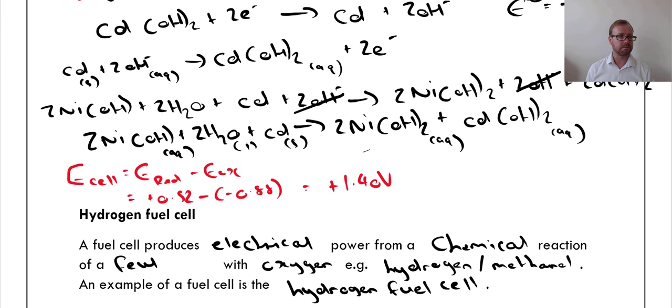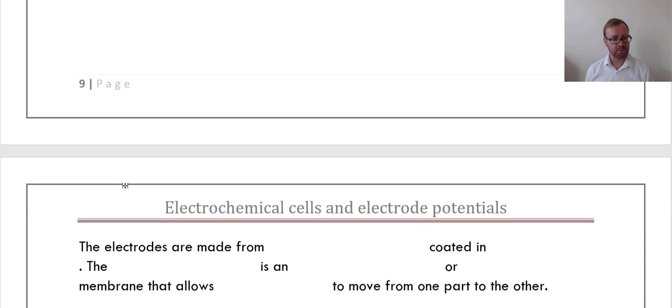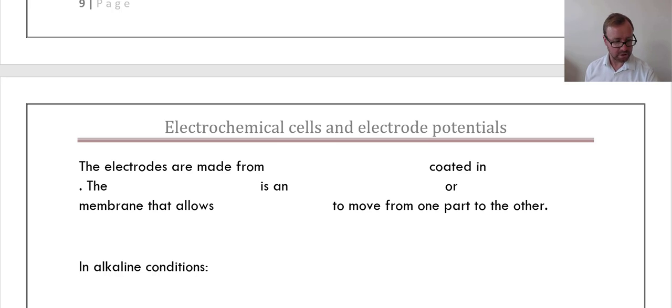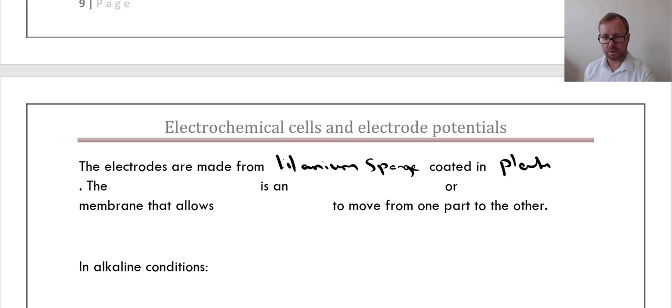In this example, the electrodes are made from titanium sponge coated in platinum, usually because we involve a gas, so we have the platinum electrode.